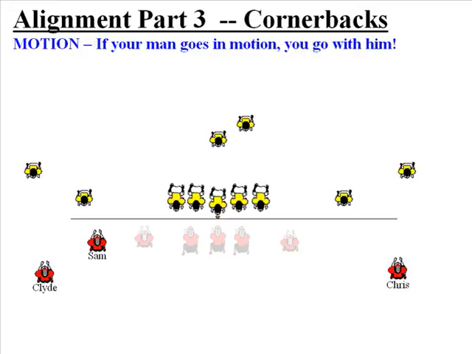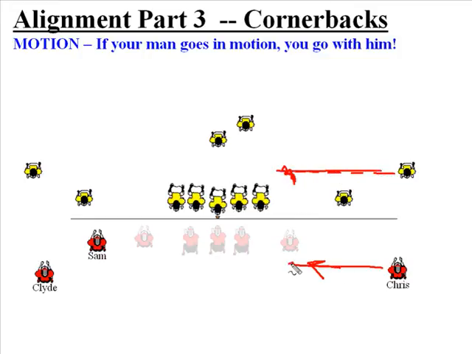Now look at this one. This is just another concept for all cornerbacks and Sam for that matter. If your man goes in motion at all, you go with him. So if you're in a big formation like this, say a spread formation, and your man goes in motion here, and we might have that in like a jet offense, you go with him, and you shade him when he's going this way.